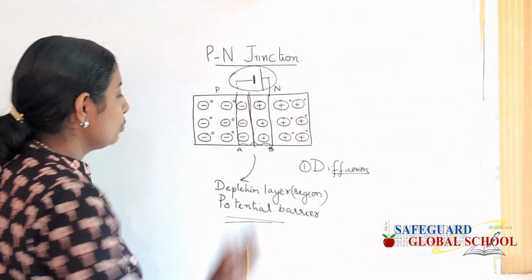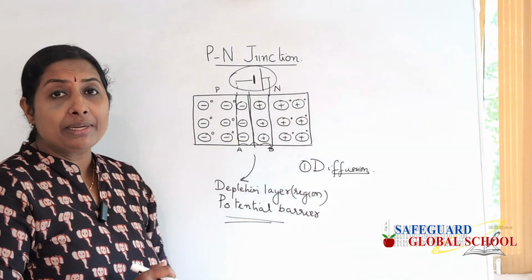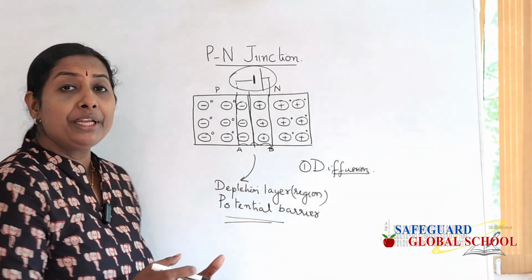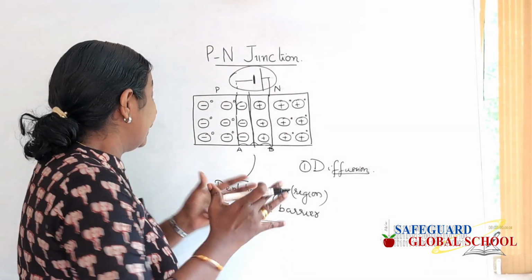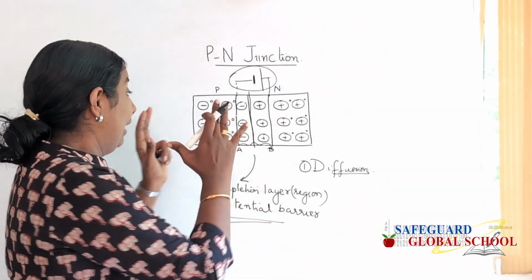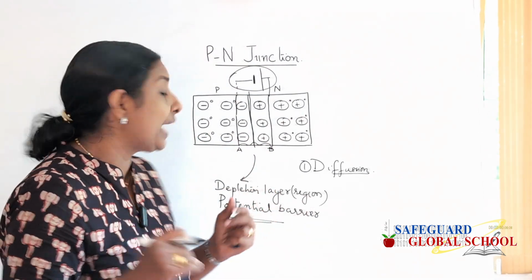So, once again, diffusion happens. Then after that, there is a chance of recombination. So due to this recombination in and around the junction, a depletion region is produced. What is a depletion region? A layer or a region in and around the junction where there are no mobile charge carriers.